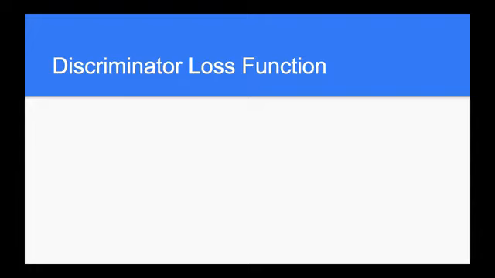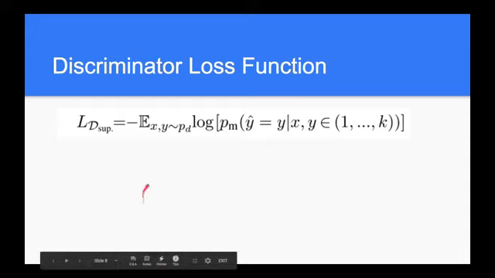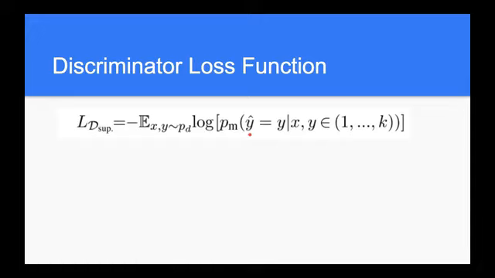Alright, let's take a closer look at the discriminator loss function. There are two different parts of the discriminator loss function. The first part is the supervised term. The supervised loss term calculates the penalty of how you classify the real labeled examples. So basically, if this example is real, then you need to correctly classify it to its corresponding class.